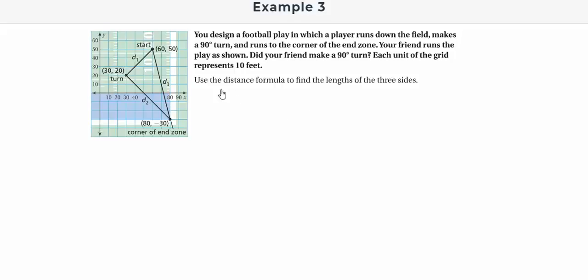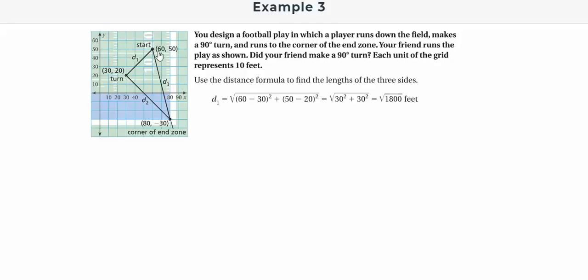So let's do side D1 first. For D1, we use our ordered pairs (60, 50) and (30, 20), and then we plug them into the equation. We substitute them in. This is the first ordered pair, this is the second ordered pair.